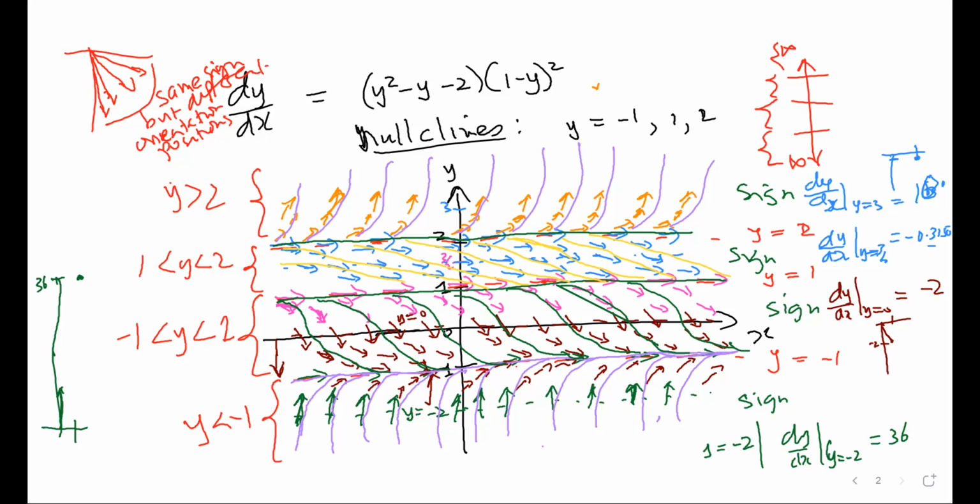And once they hit the nullcline, they remain on it. They cannot move away from the nullcline. Here, as x approaches infinity, all of these solutions go towards the nullcline y equals -1. So y will definitely approach -1.